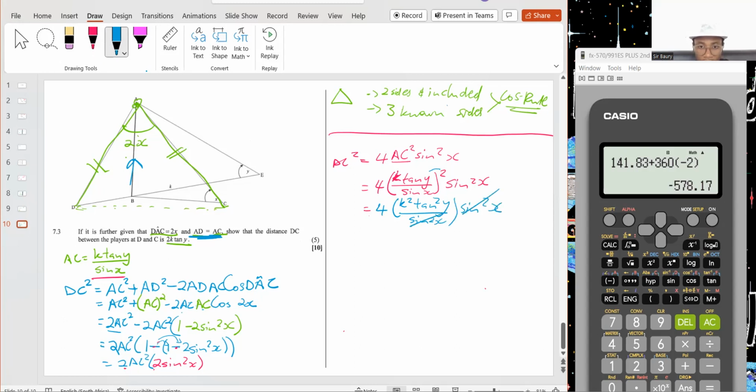This cancels this. So it's 4K squared tan squared y. That's DC squared. Then plus or minus DC equals 2K tan y. That's the final answer.